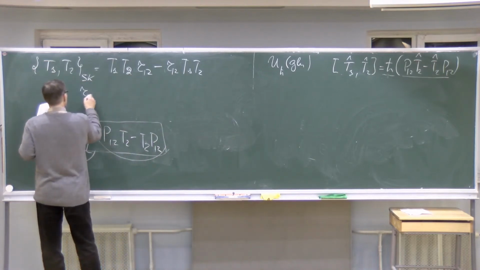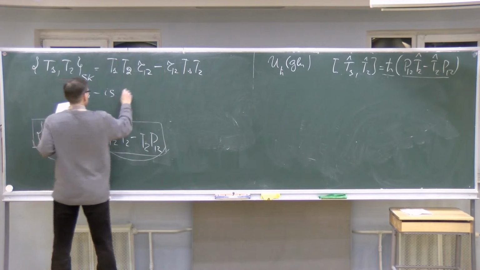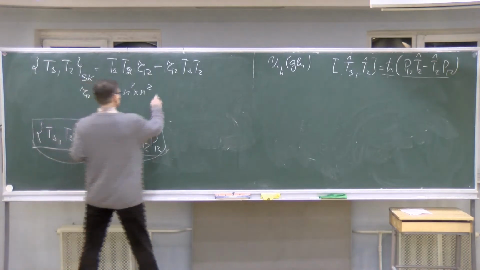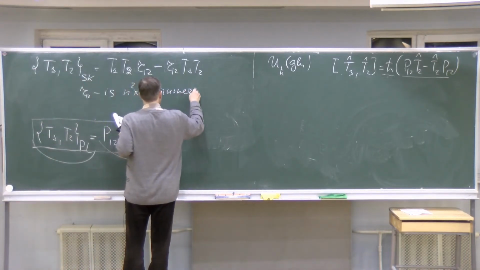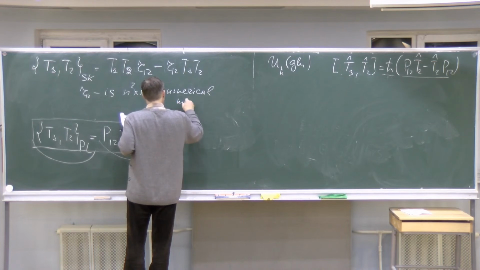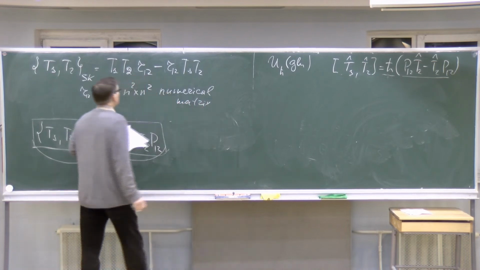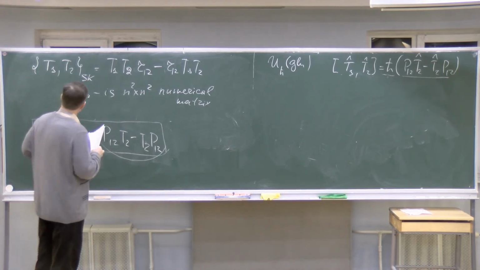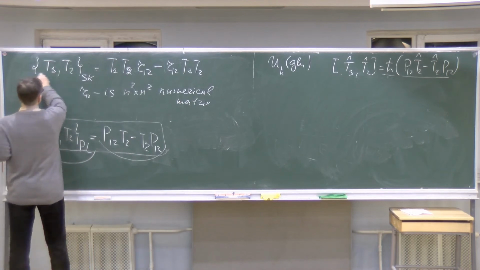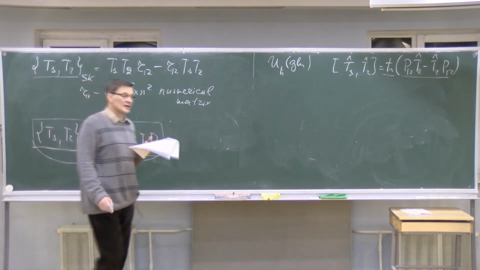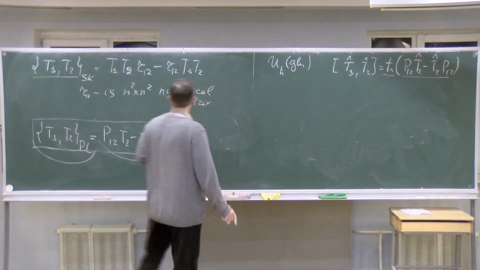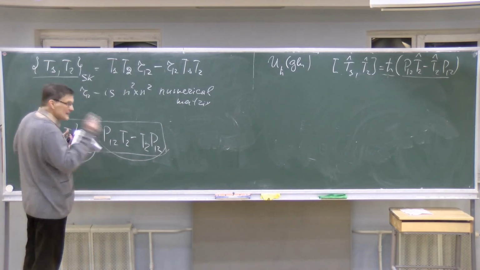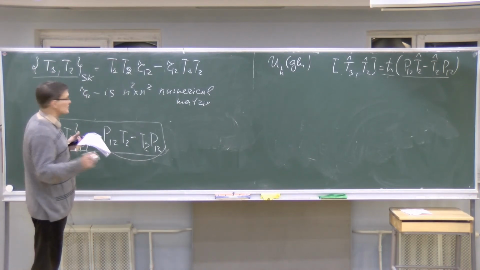Here, R12 is an n squared times n squared numerical matrix. And by definition, I will say that this operation is bilinear with respect to each argument, and by definition, it satisfies the Leibniz rule.